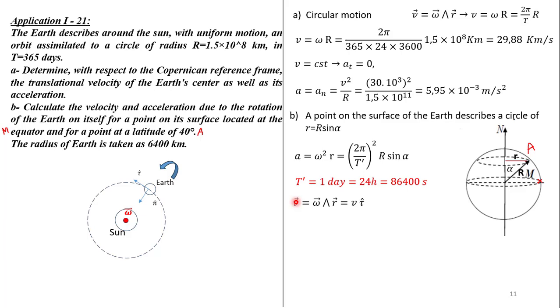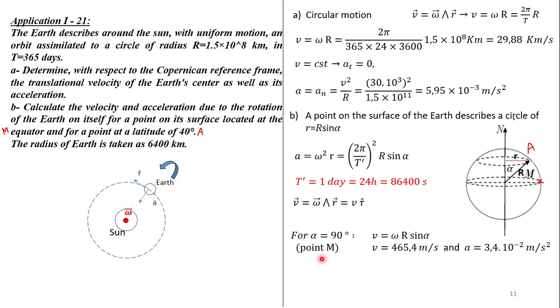To find the velocity vector, we write its definition. In the case of a circular motion, it's omega cross r, equal to the magnitude of V along the tangential unit vector tau. Let's take the point M first. For the point M, alpha, the angle between the axis of rotation and the vector starting from the center of the Earth toward our point, is equal to 90 degrees.